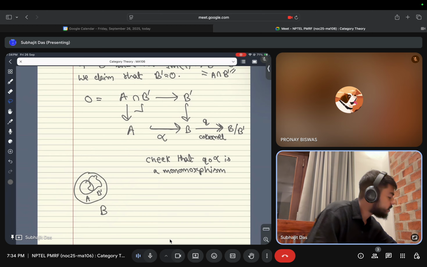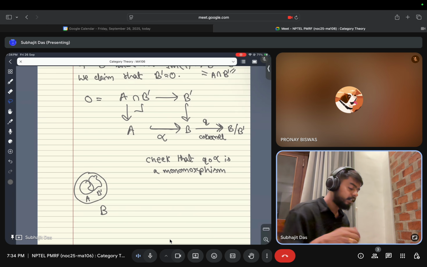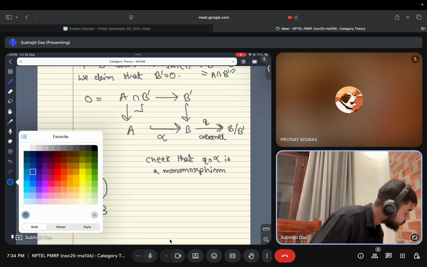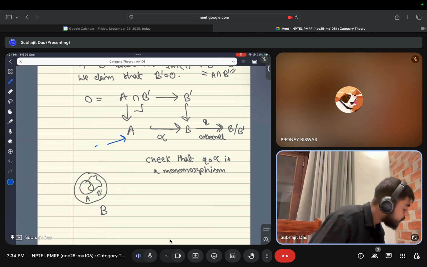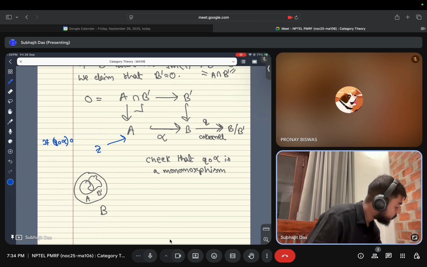whenever we compose it with something, if the composition is 0, then the arrow with which we are composing it is 0. So this is just a rough sketch to give some idea. Take a map Z to A, call it H. Assume that Q composed with alpha composed with H is 0.